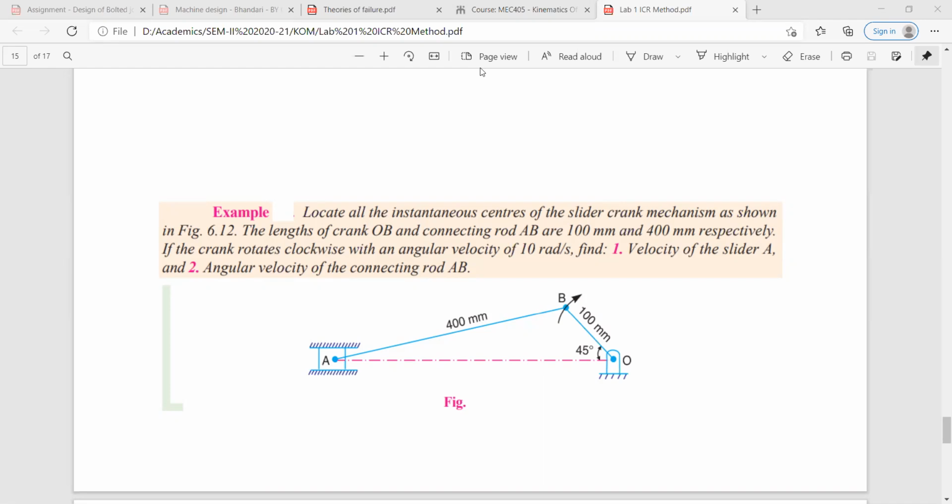So let us wait for 2 minutes, then we'll start the solution. Only 3 participants. Okay, let us wait.